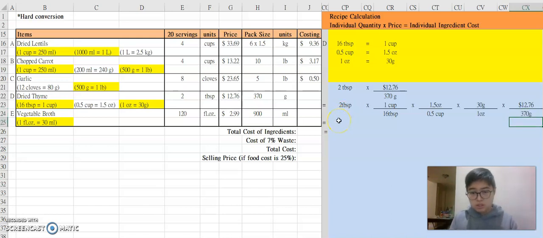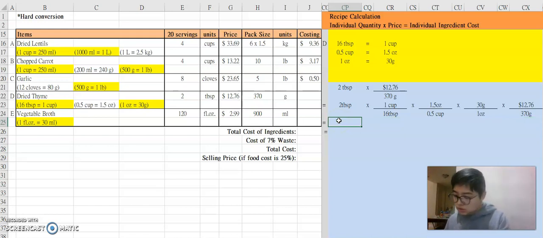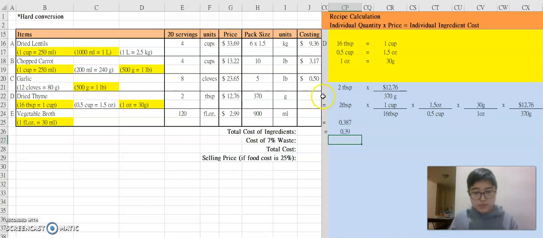After the calculation, this one is 0.387, which is 0.39. The equation is 2 times 1 divided by 16 times 0.5 times 30 times 12. Okay, 0.39.